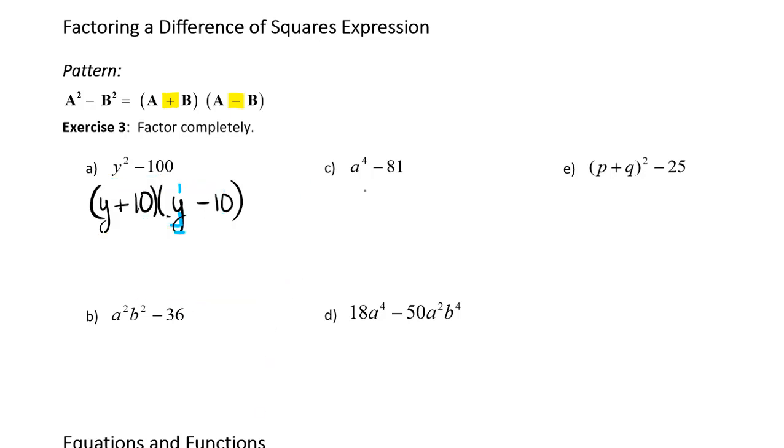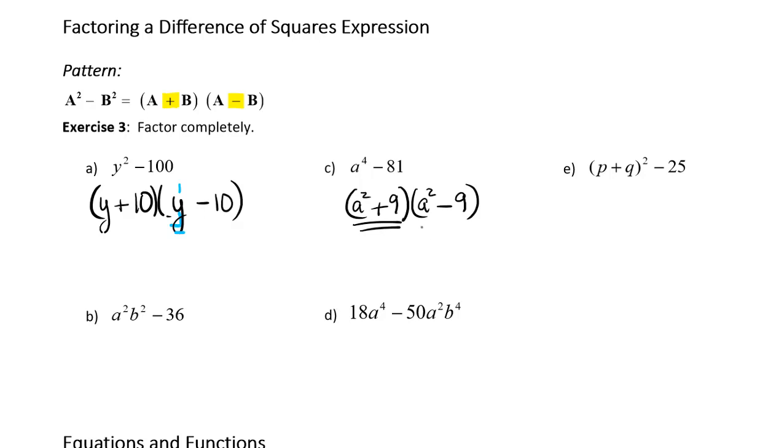In the next expression, we have a to the fourth minus 81. This will be a perfect square, but it might factor more than once. We'll have a squared and a squared, a 9 and a 9. One will be positive, one will be negative. Notice that a squared plus 9 would give us complex solutions, so this one just sits here.